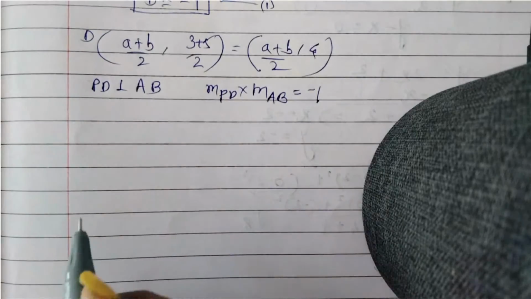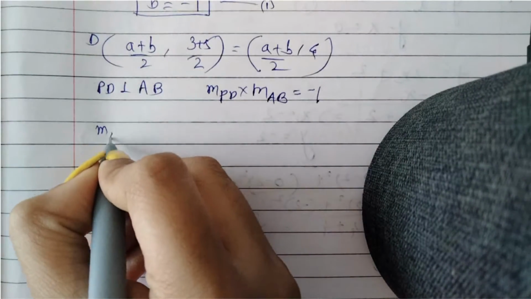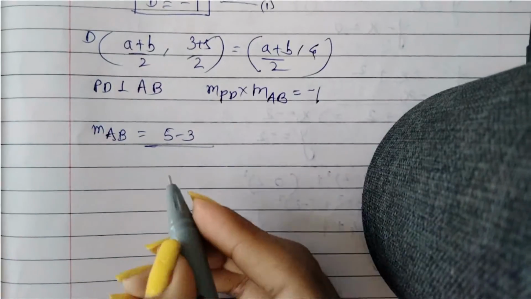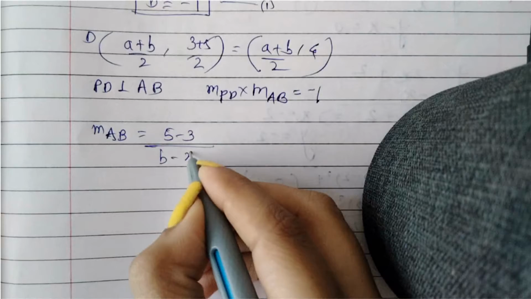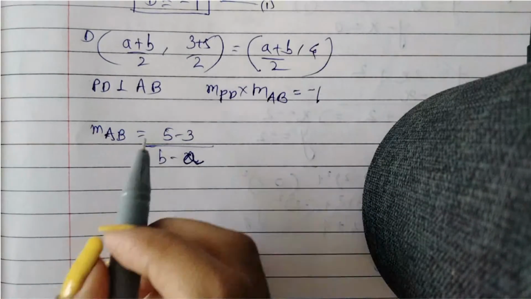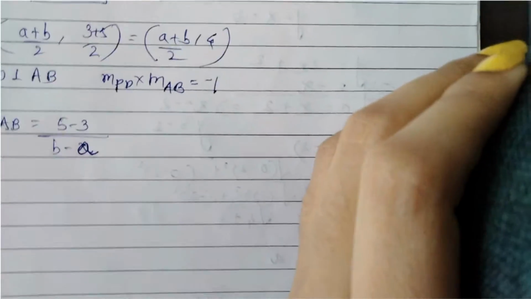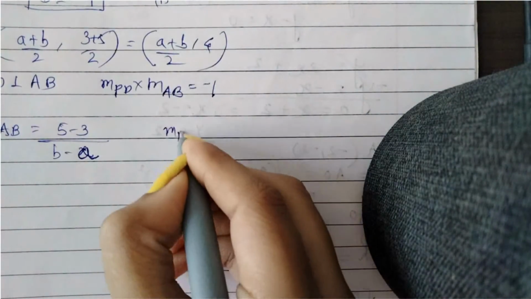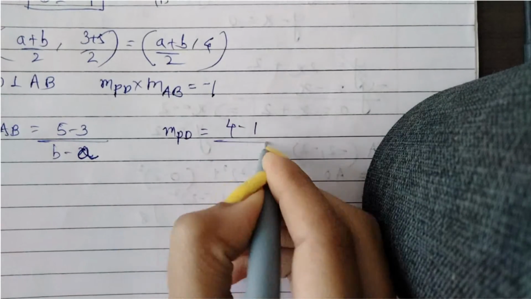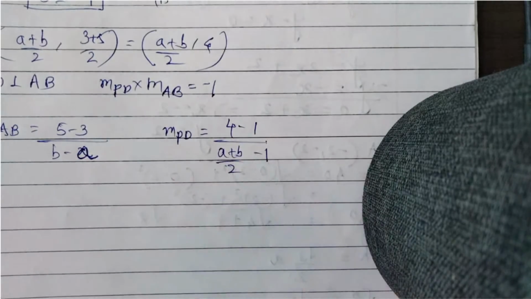So using this formula, we can write slope of AB is equal to (y2 minus y1)/(x2 minus x1), which is (5 minus 3)/(b minus a). And similarly, slope of PD is equal to (4 minus 1)/((a + b)/2 minus 1).